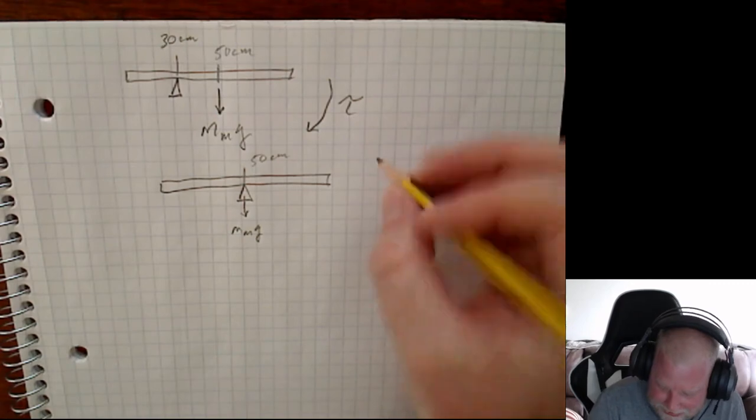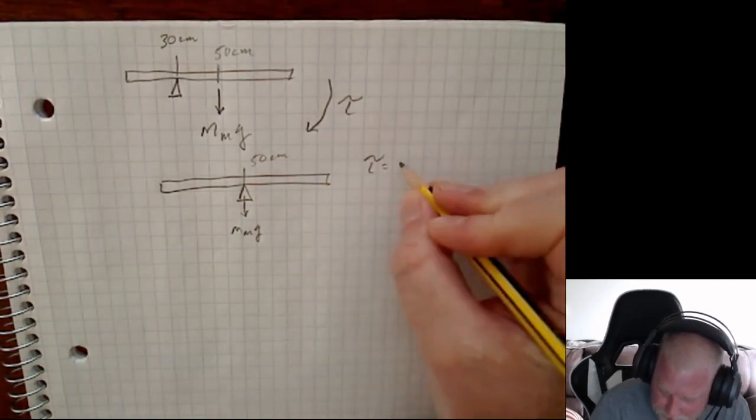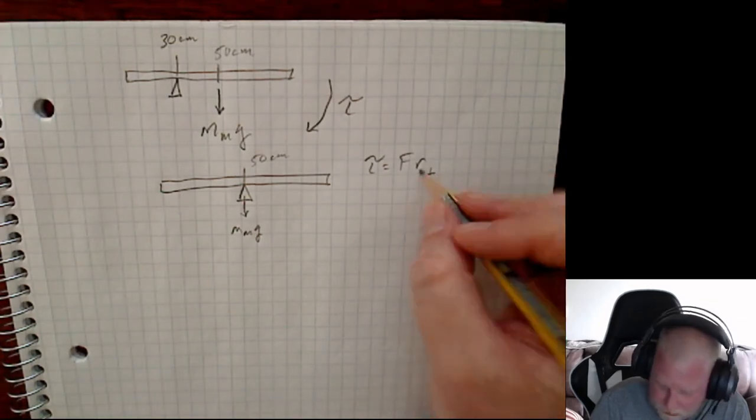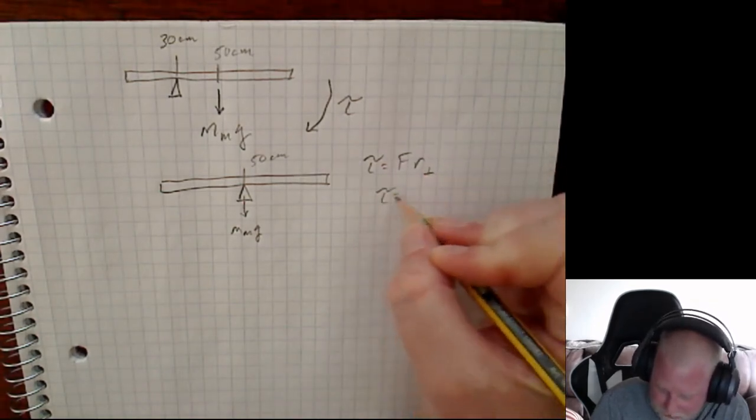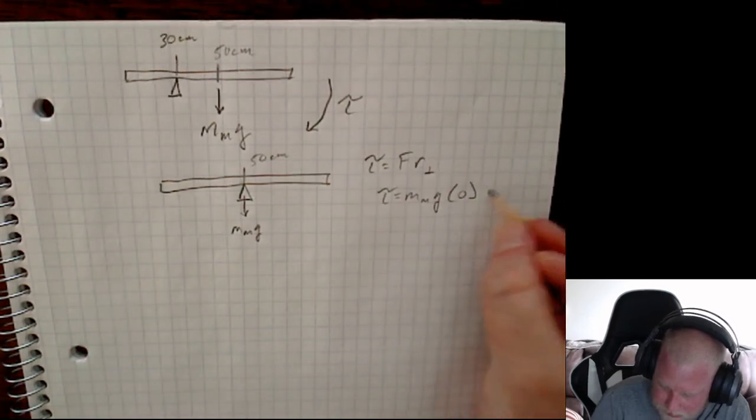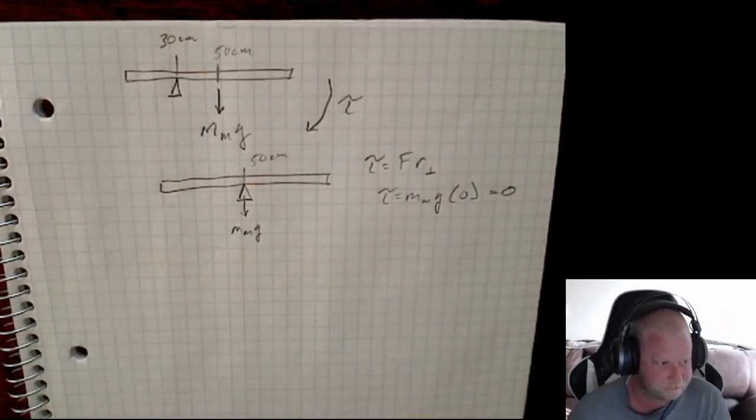And so in that case, your torque, if it's equal to force times r perpendicular, well, r is 0. So no torque is generated.